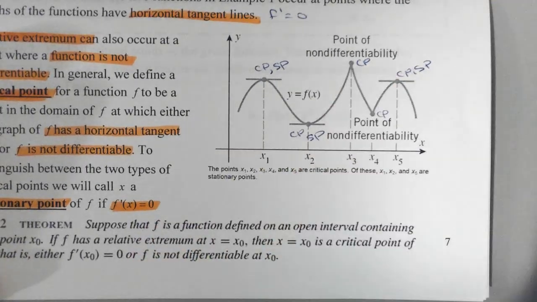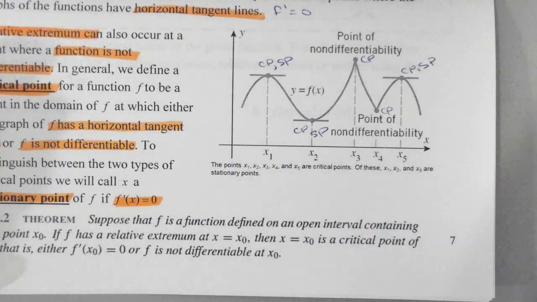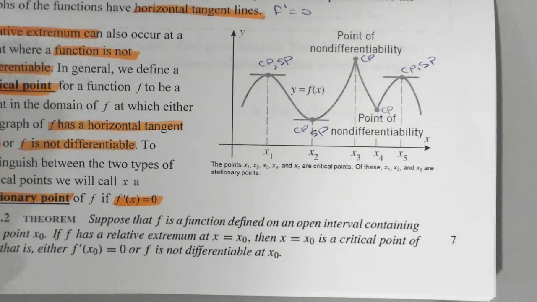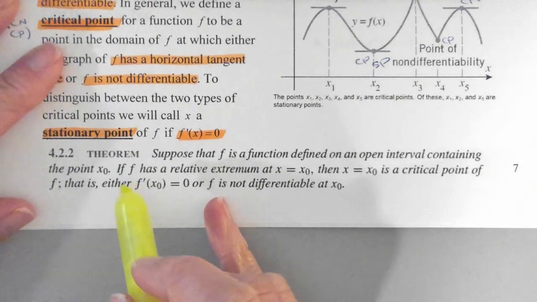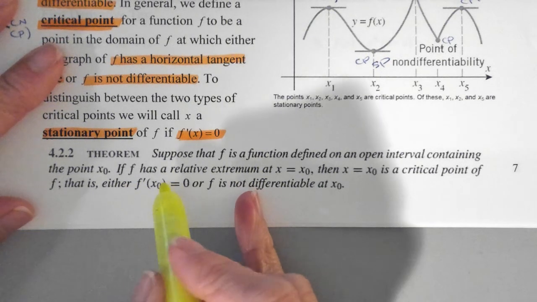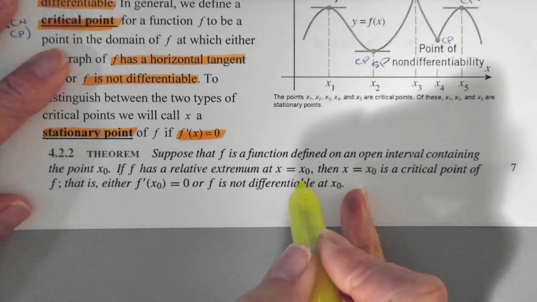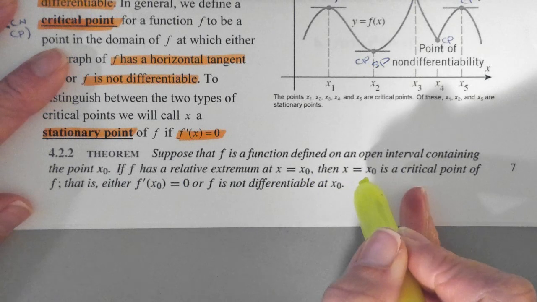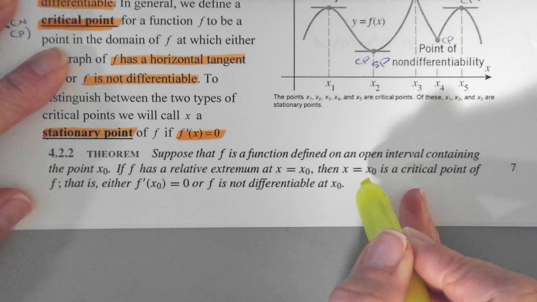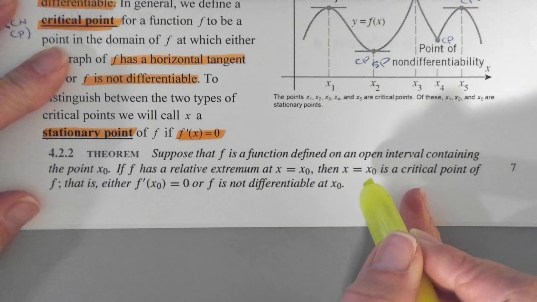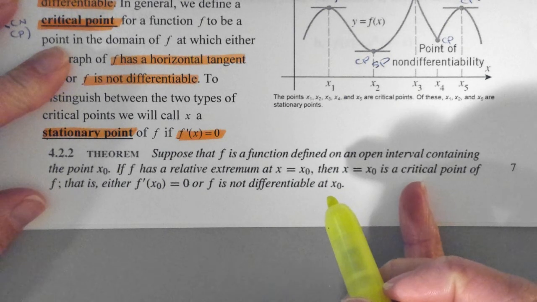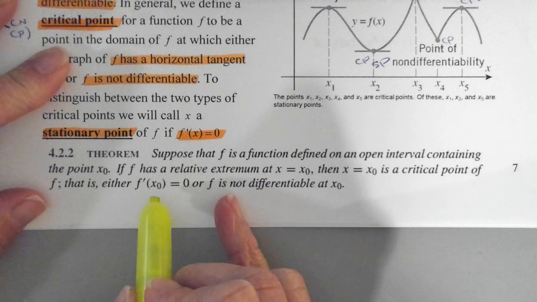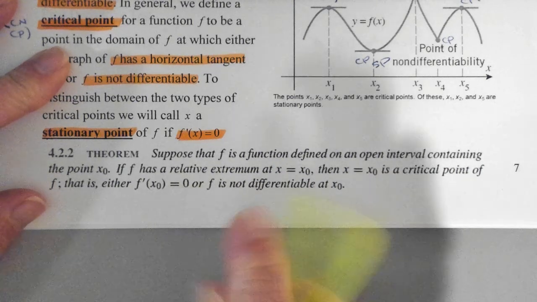A theorem that we have here says: suppose you have a function that is defined on an open interval containing some given x value. If f has a relative extremum at that x value, then that value is a critical point. What they're saying is that f prime of that value is either equal to 0 or not differentiable.